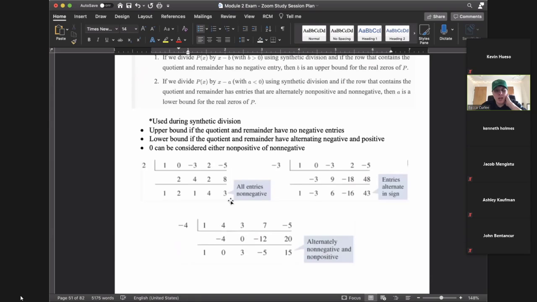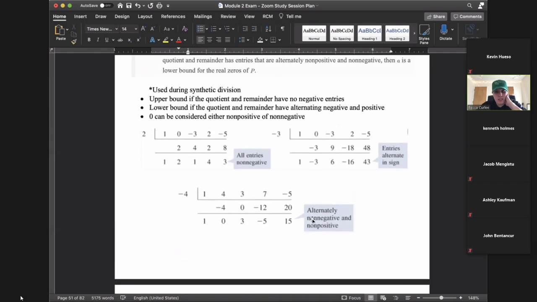So when you're looking for an upper bound, you want to make sure that after you do synthetic division, you have all non-negative entries. That's going to be an upper bound. And if they alternate in sign, then you have a lower bound. So you've got 1, negative 3, 6, negative 16, and 43. They all alternate positive to negative. Even though this is a 0, these still alternate.